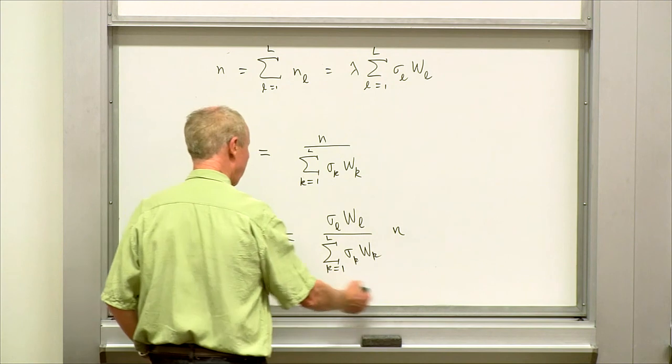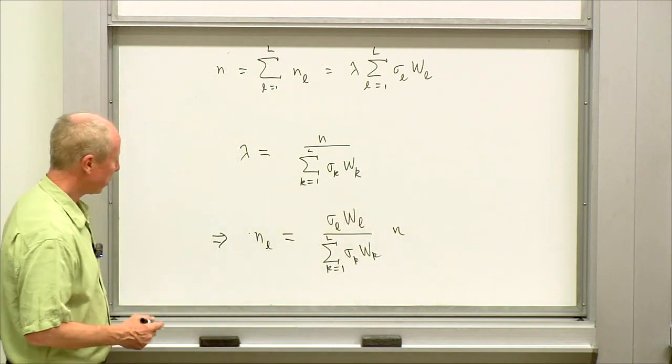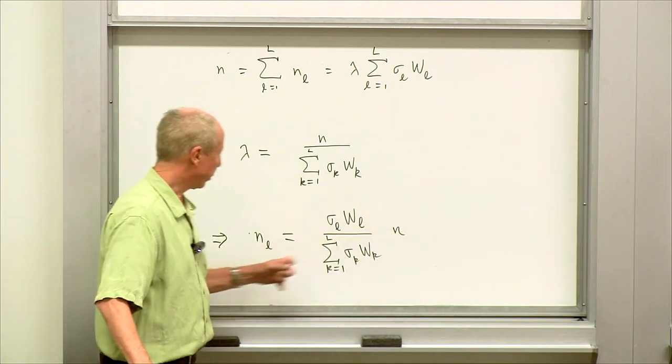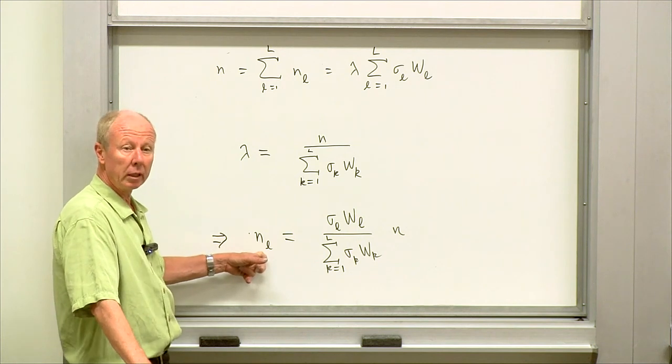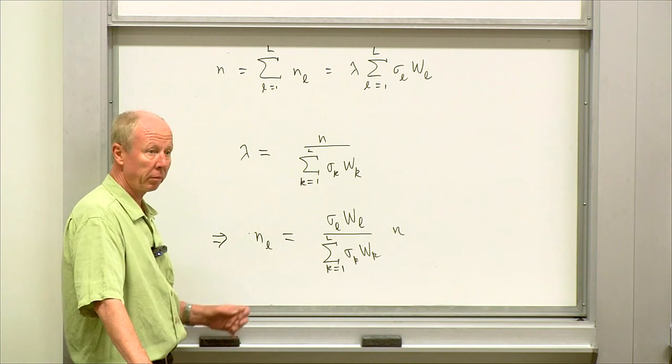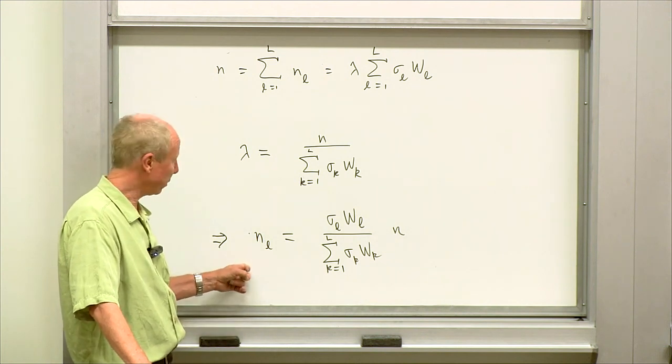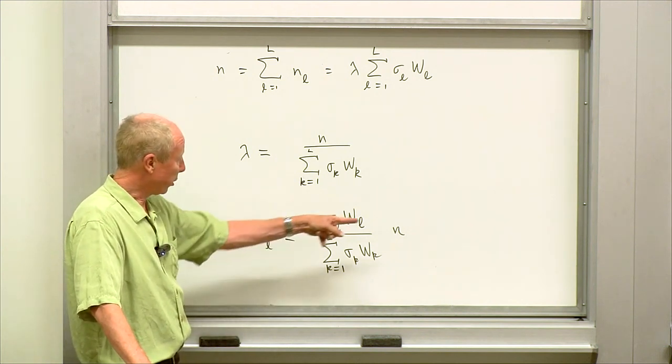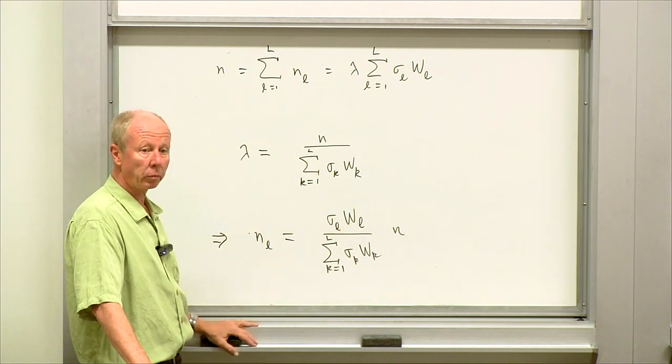Okay, so that's the number C sub L. So that's a proportion of the sample that should be taken from, this is the proportion of the sample that should be taken from the Lth strata. So how many do we take from the strata L? This proportion times the total sample.